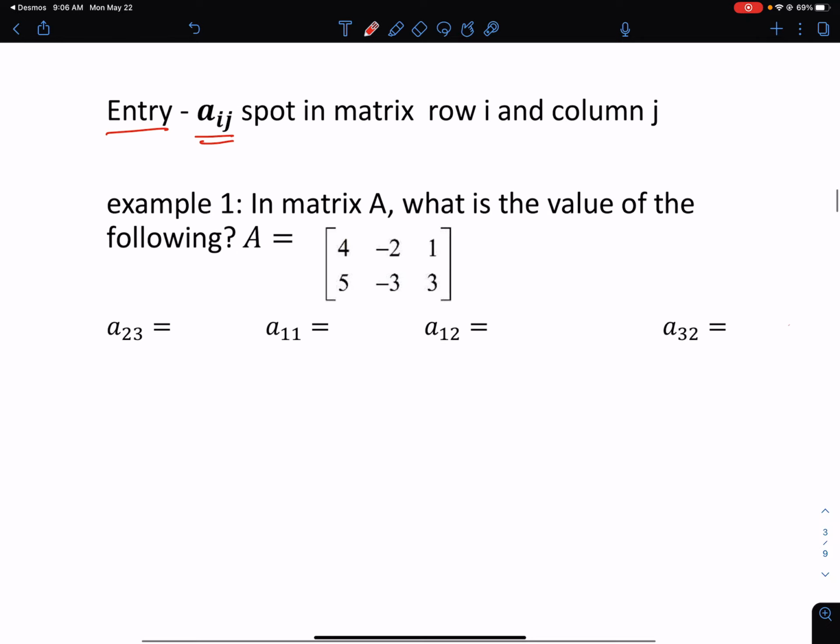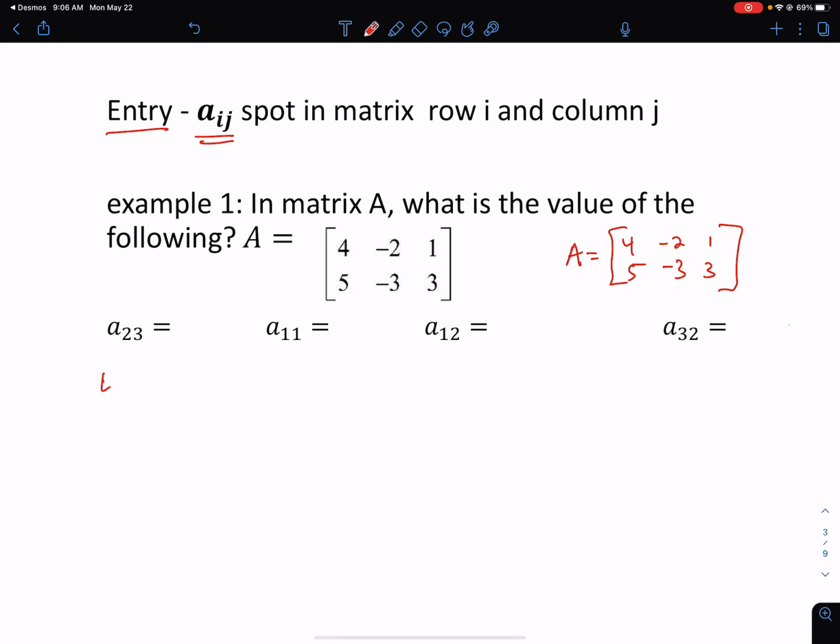So in matrix A, what is the value of the following? By the way, when we write a matrix A, this is just some formatting stuff. Really, it would be A equals, and we write it in the middle like that: 4, -2, 1, 5, -3, 3. In matrix A, what is the value of the following? A, 2, comma 3.